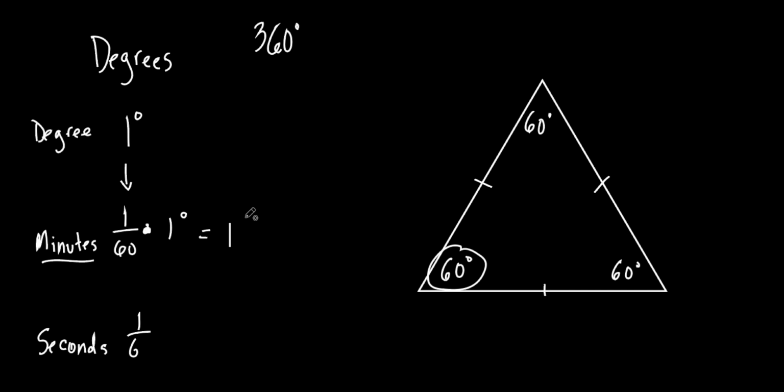So for a minute, we just use a little slashy thing, like an apostrophe kind of thing. It's not really an apostrophe, I guess it could be. That means minute, all right? So instead of degrees, which is a little circle, that means a minute. What's 1 minute? It's 1/60th of a degree, all right?